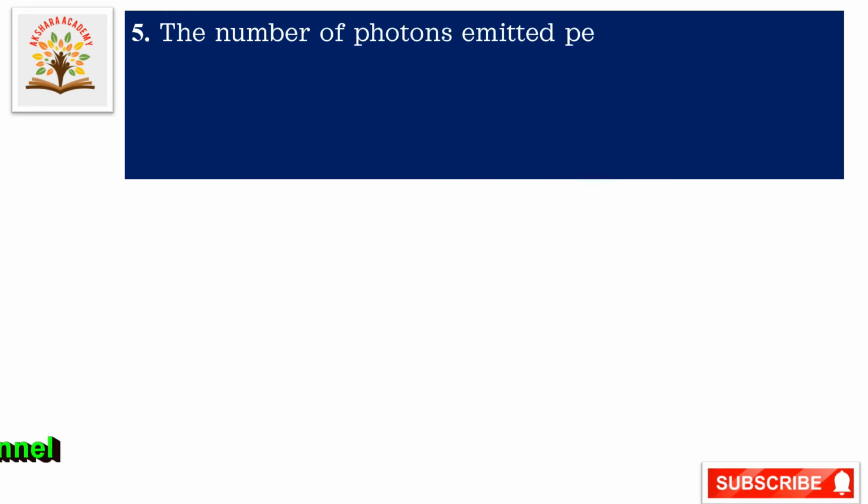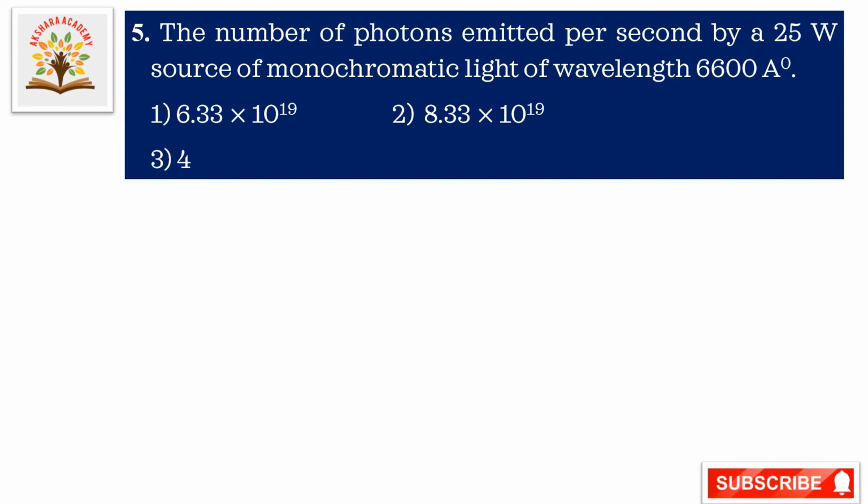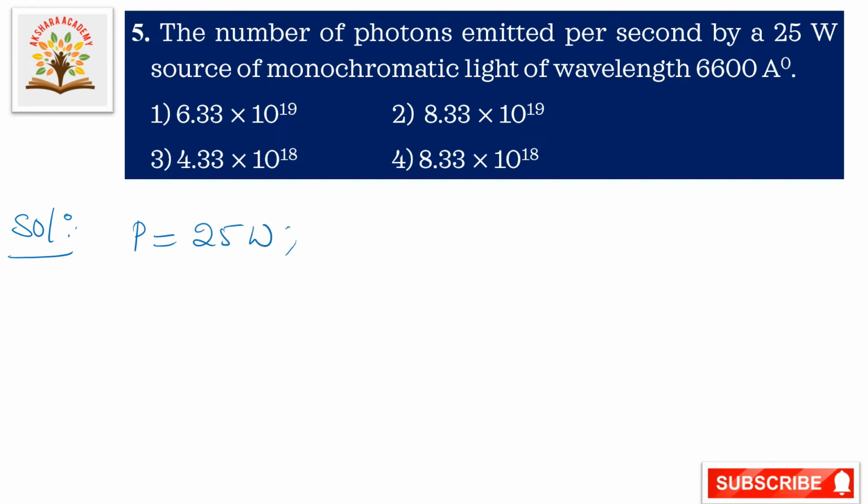Next, the number of photons emitted per second by a 25 watt source of monochromatic light of wavelength 6600 Armstrongs. Here they have given power as 25 watts. Now let us go to the solution. P is equal to 25 watts and lambda is equal to 6600 Armstrongs.